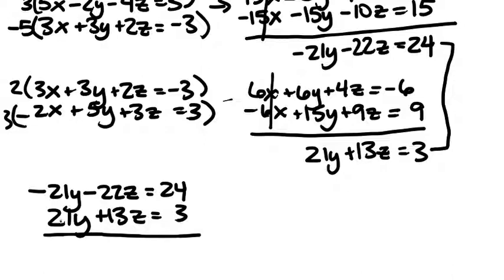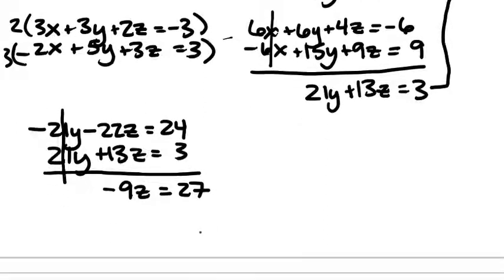There was no way that I could have predicted that that would happen. It just kind of happened by luck. So you might need to multiply either one equation or both equations at this step. Like I said, I just got lucky and I didn't have to. So negative 22 plus 13 is negative 9z, and 24 plus 3 is 27, and then I'm going to divide.